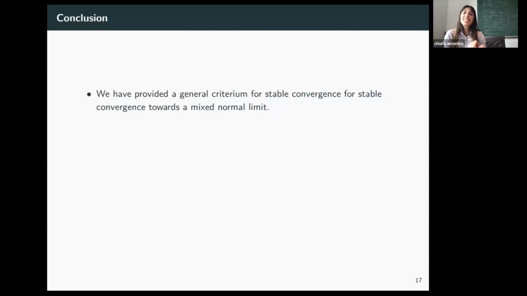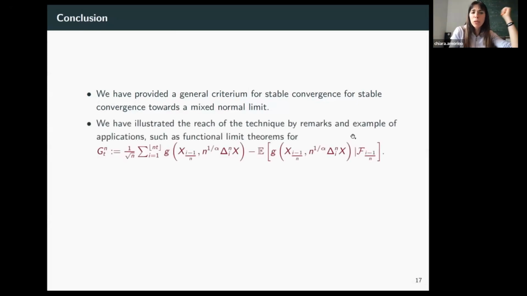We have given a general criterion for proving stable convergence toward a mixed Gaussian without saying anything about the original random variables. Actually, they just have to be in L2.